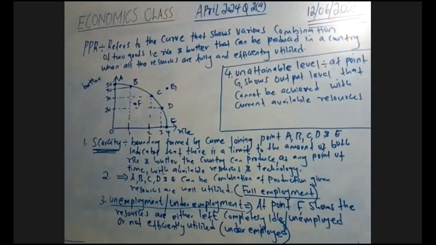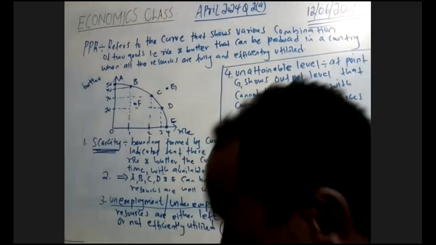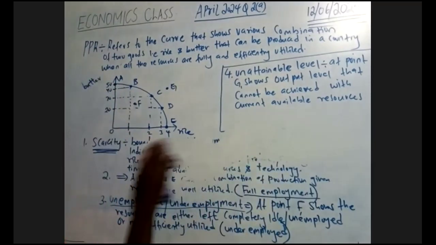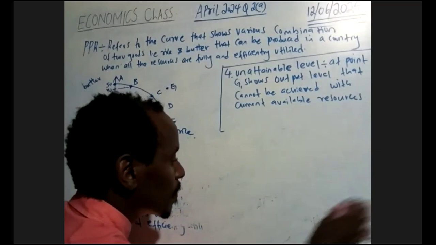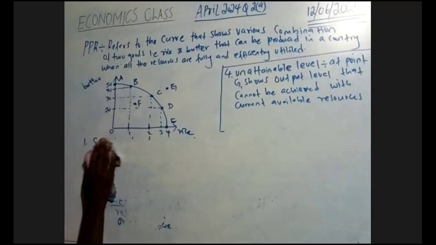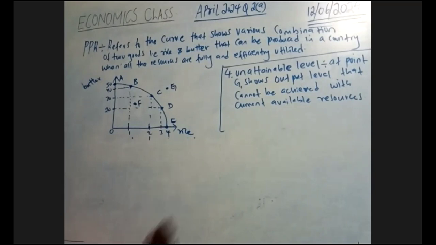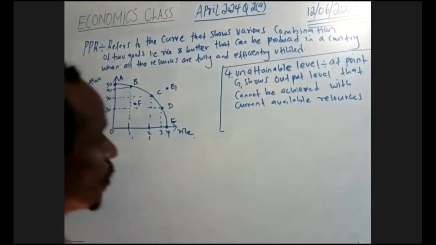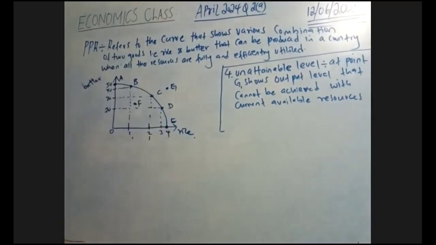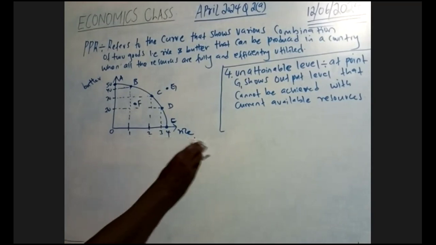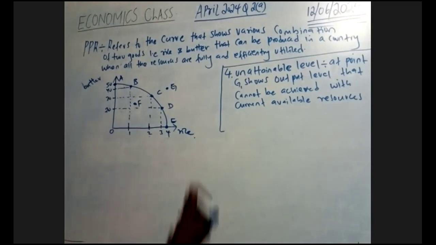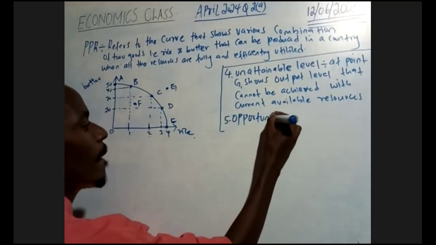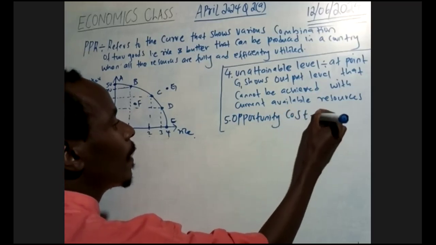Now the last item is opportunity cost. Let us do away with this one so that we can explain opportunity cost. So let us go with number 5, opportunity cost.